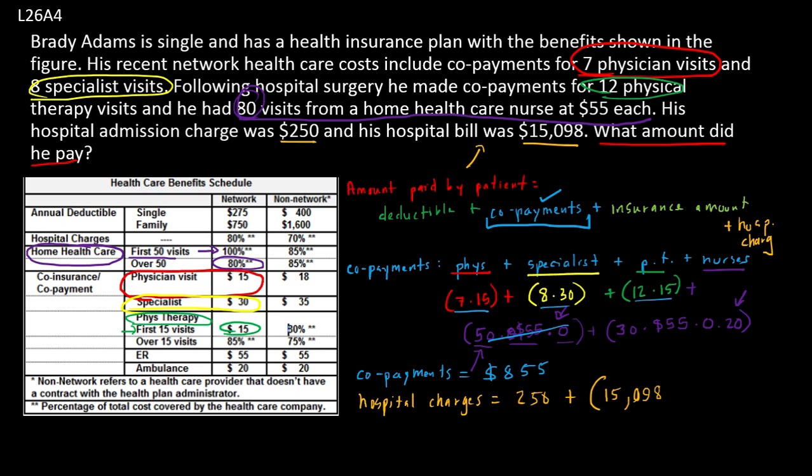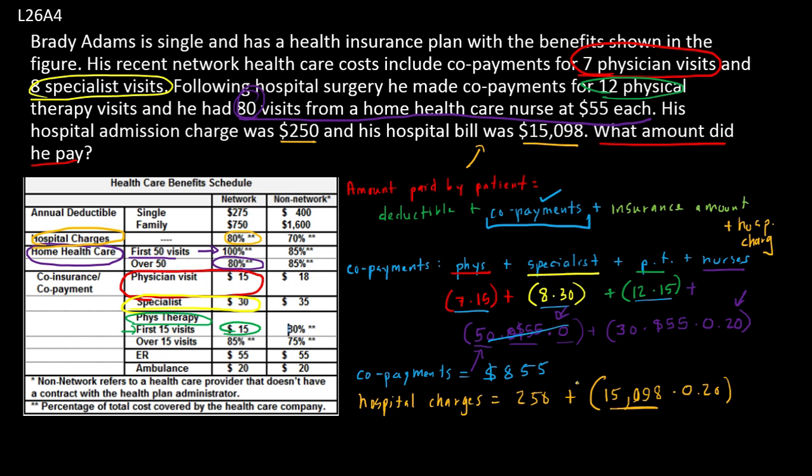So if we look at hospital charges, you can see that it's covered 80%, okay? Covered 80%, meaning we paid 20%. So again, we do our little trick where we multiply the bill by the percentage that we paid.